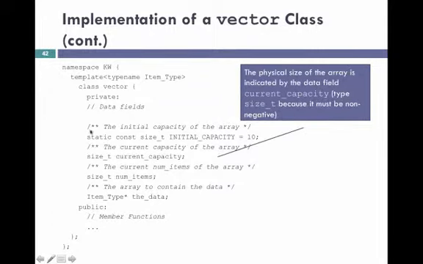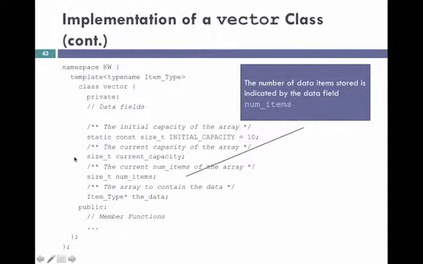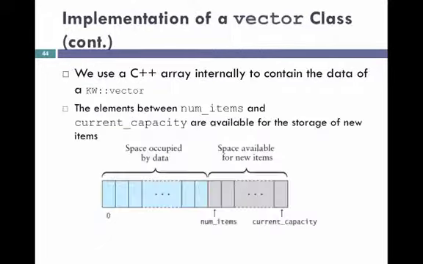Here are some private data fields. Now the physical size of the array is going to be indicated by current_capacity, and it's type size_t because it's a non-negative number. The number of data items that are actually stored at any given time will be num_items, also of size_t. We will use a C++ array internally to contain the actual data of our vector class.